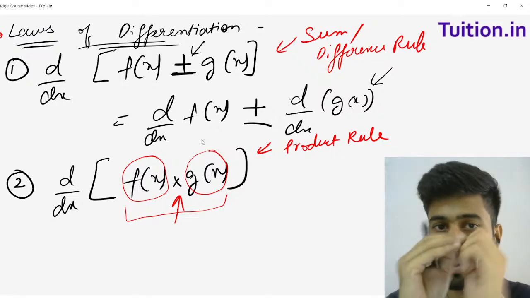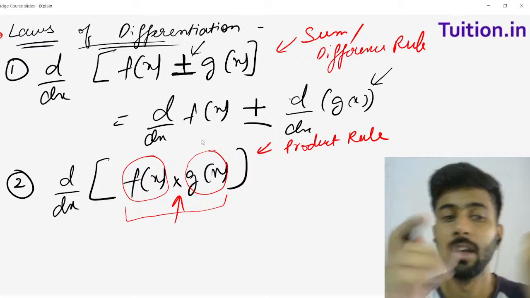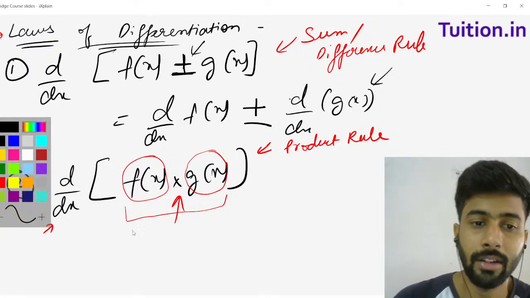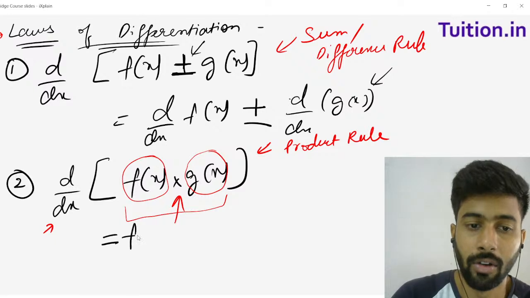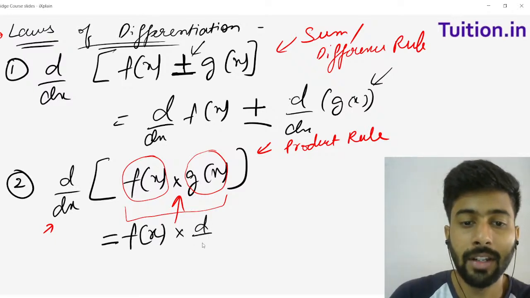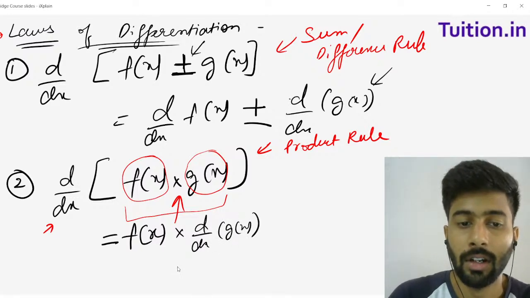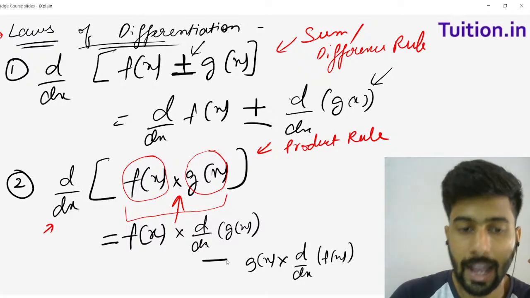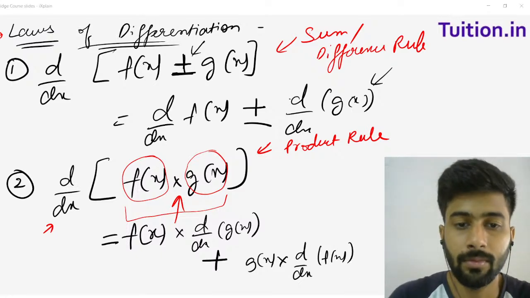If you multiply these two, you get a new function. When you differentiate that function, how will you get the differential? That's got using this law. First take f of x as it is and multiply that with the differential of g of x. To this, you then take g of x as it is and multiply that to the differential of f of x, and add these two.